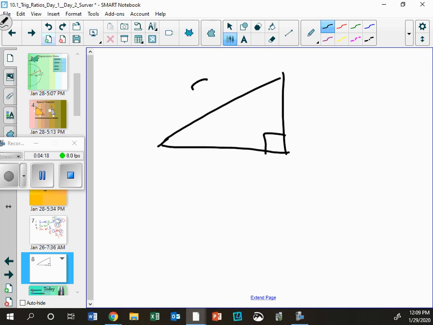Let's say this side's 8, and this angle is not nice. It's not 30. What if it was 29? That's the thing I'm trying to teach you today, that you could know all the sides and all the angles just from knowing one side and one angle. All right. Now, you might not know how to do this one, but it's mostly because you probably don't know what the sine of 29 is, or the cosine of 29. What tool would help you do that?